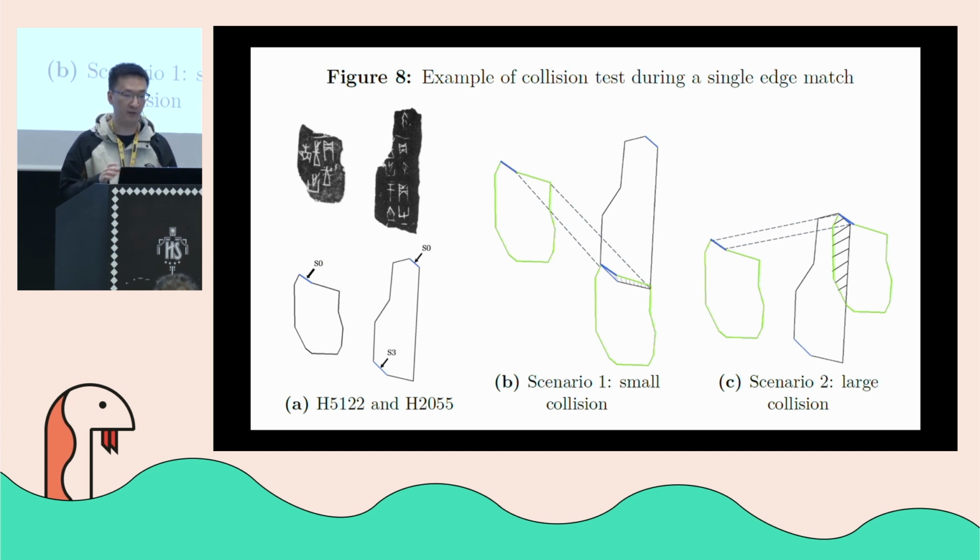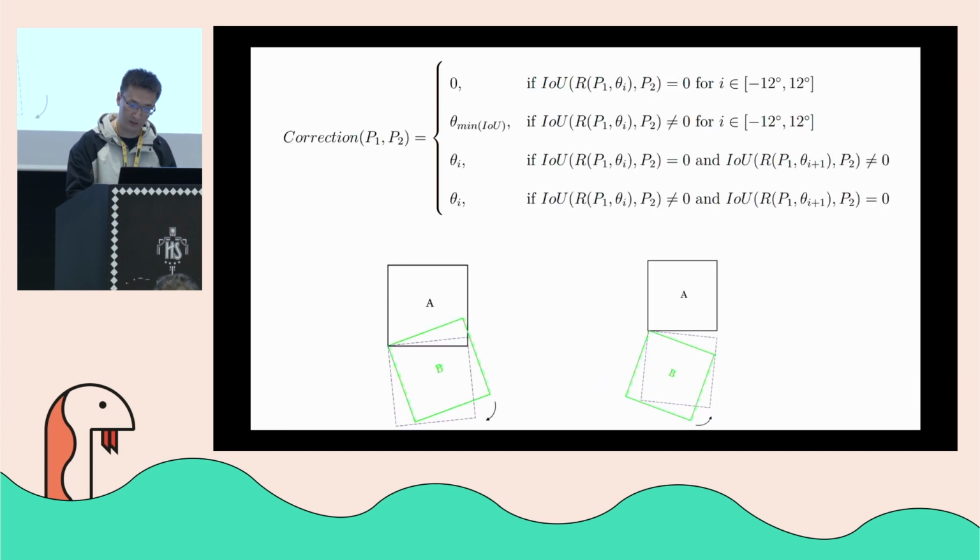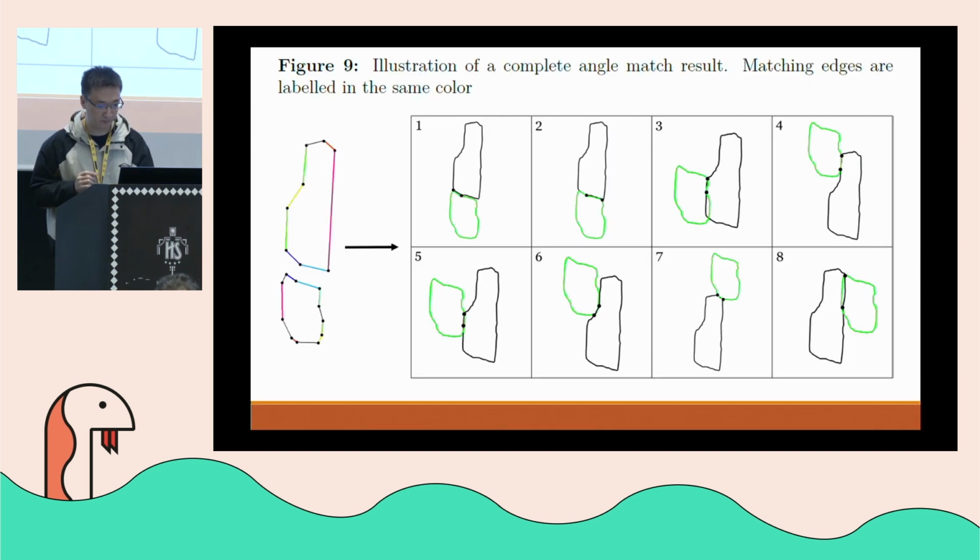This can be done very fast. If two contours collide by a very high degree, this means they are not compatible for fragment reconstruction. But if they deviate too much, this also means the edges are not very similar.